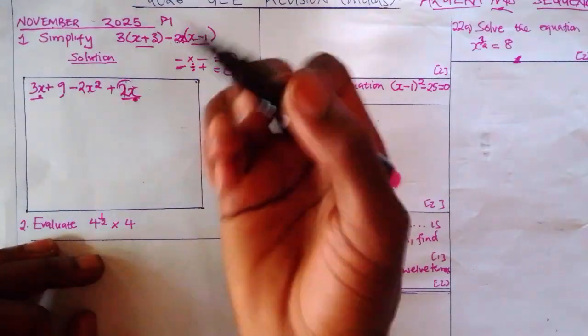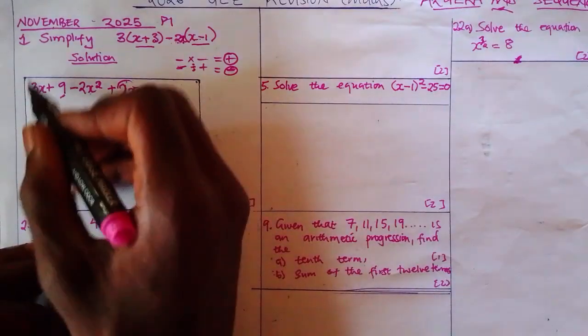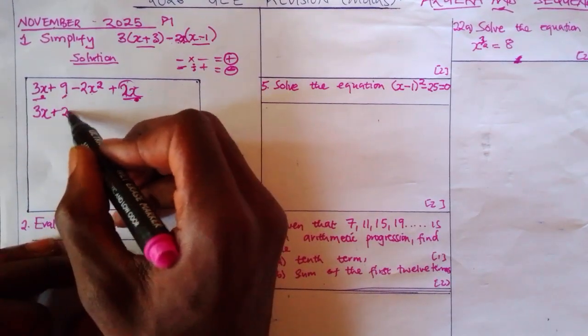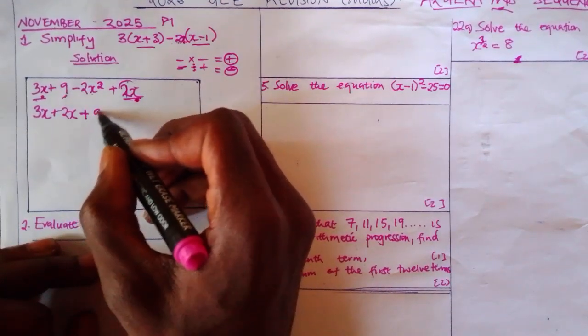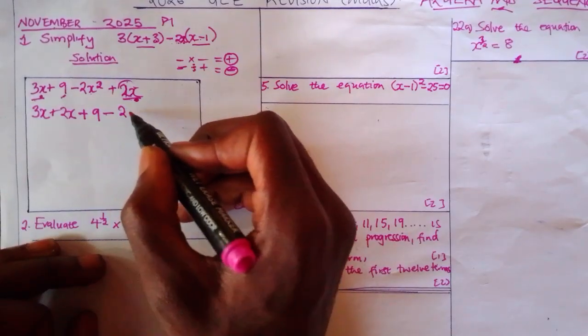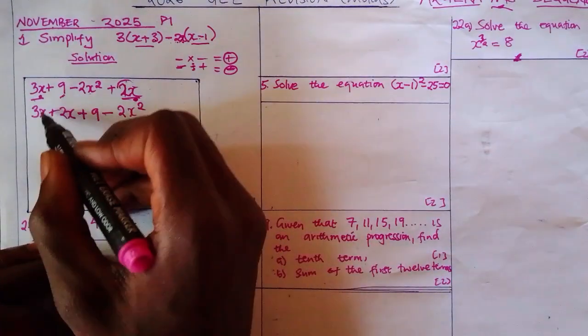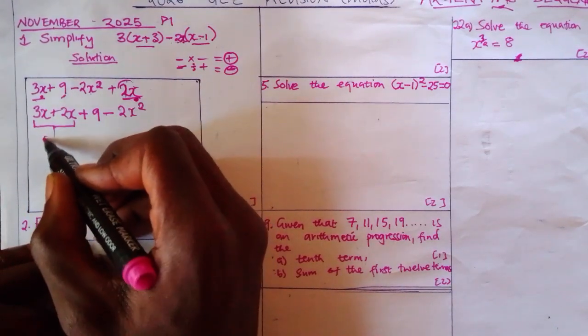We have a number alone, but we don't have another number alone. So we say 3x plus 2x plus 9 minus 2x squared, like that. Now, since we have these two like terms, meaning you can add.